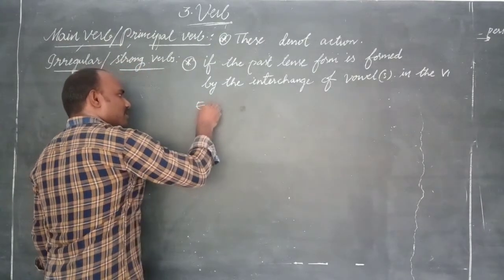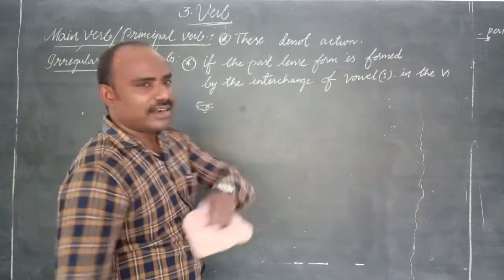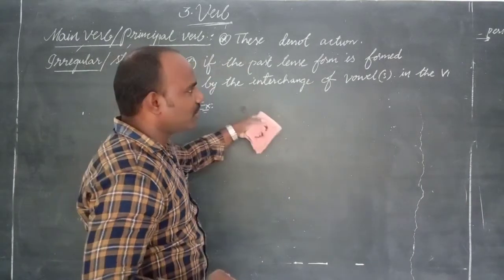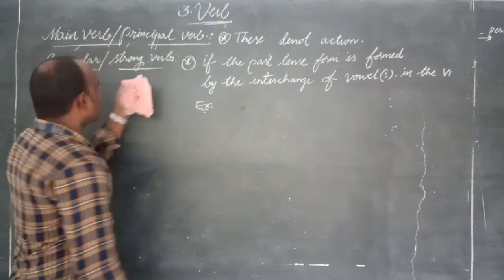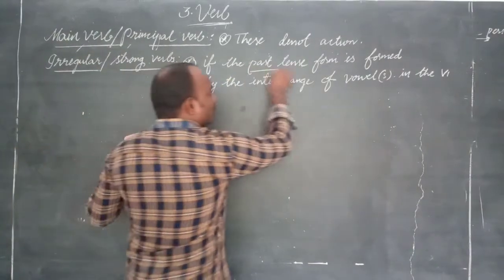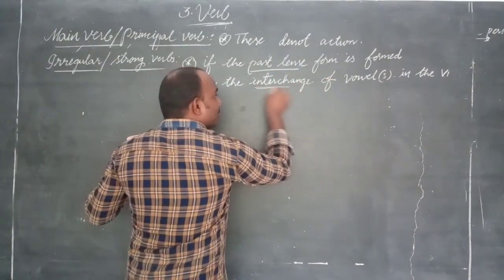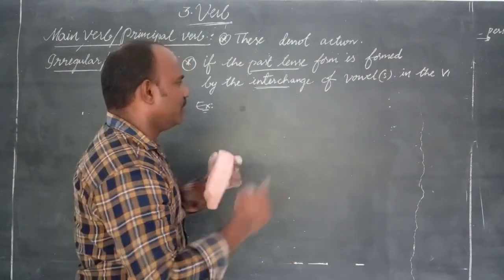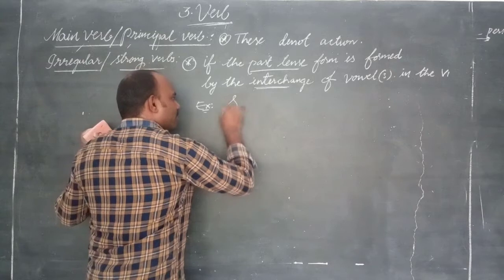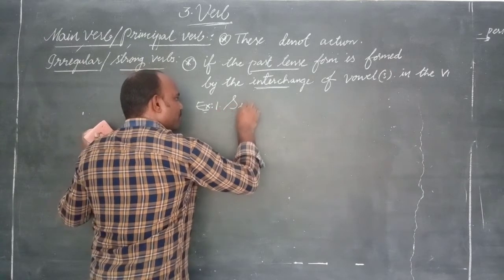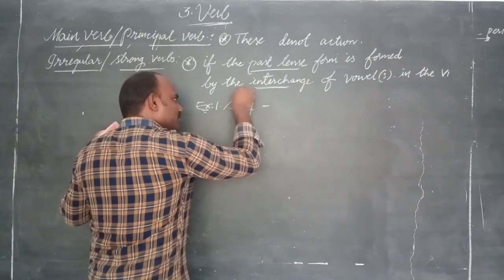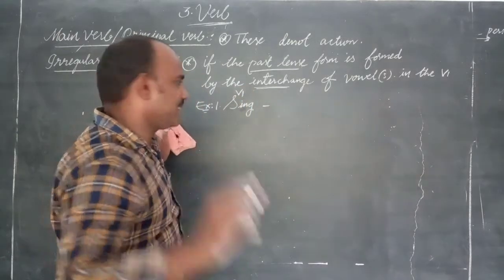See, example. Here, we are not adding d or ed or t to get the past tense form. That is a weak verb. Coming to irregular or strong verbs, the past tense form is formed by changing the vowels in the V1. Look at this one. First example: sing. Of course, this is verb 1, present tense form.